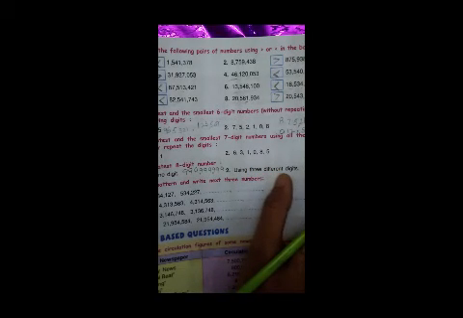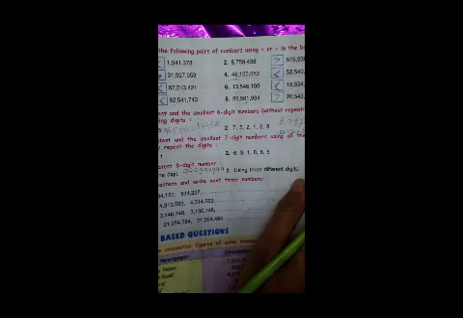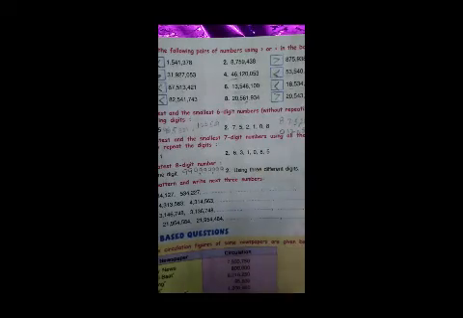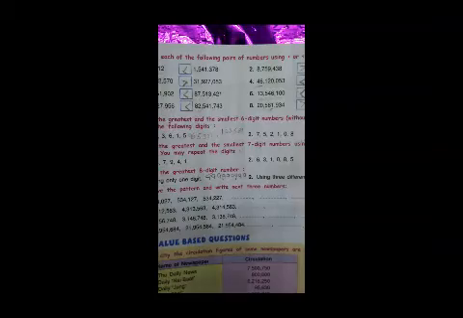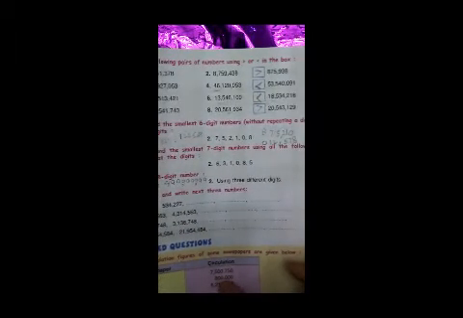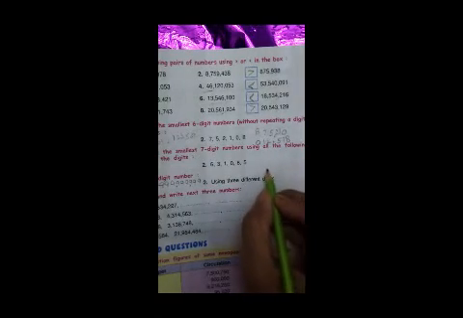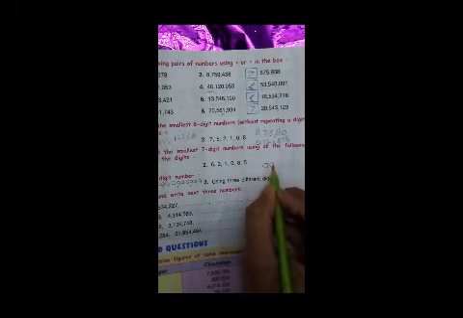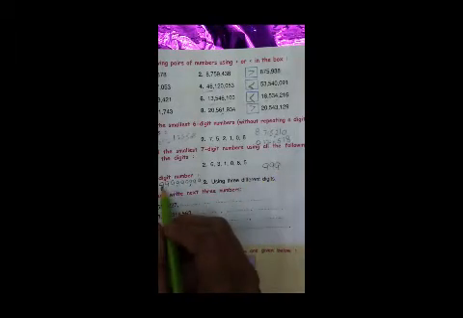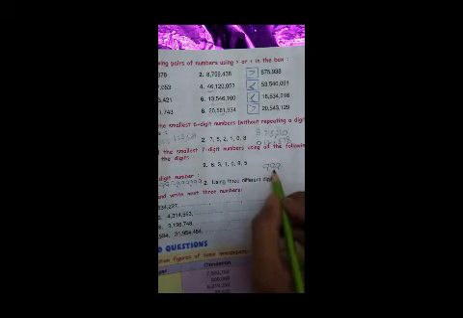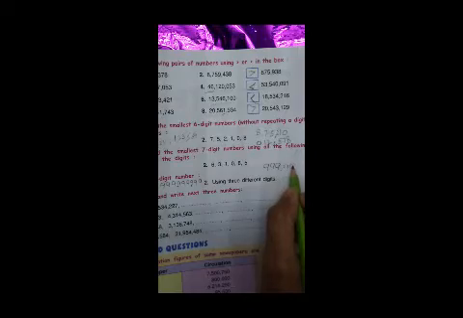Now use 3 different digits. Now we have to write here the greatest 8 digit number by using 3 different digits, because the task given to us is to write the greatest number. So start from the 9, again 9, again 9, because how many digits we have to put here? 1, 2, 3, 4, 5, 6, 7 and 8.